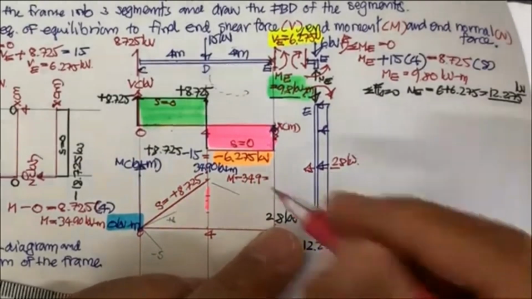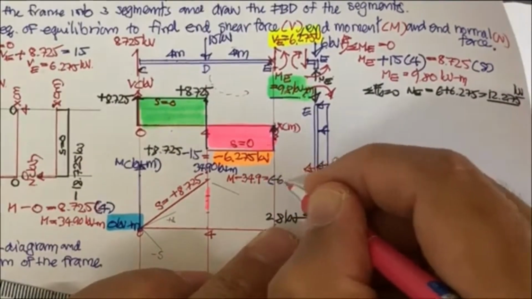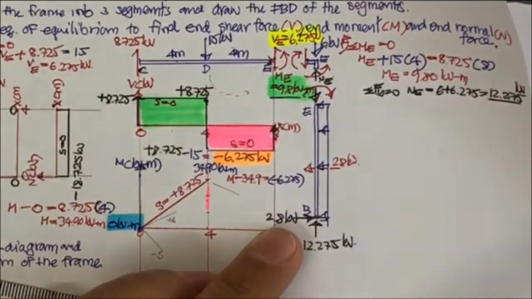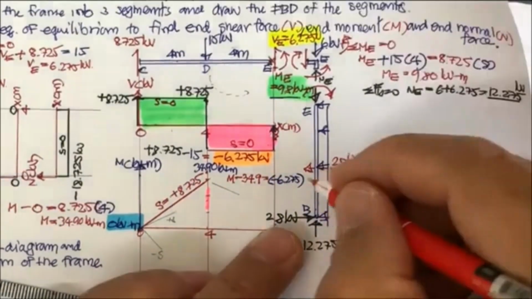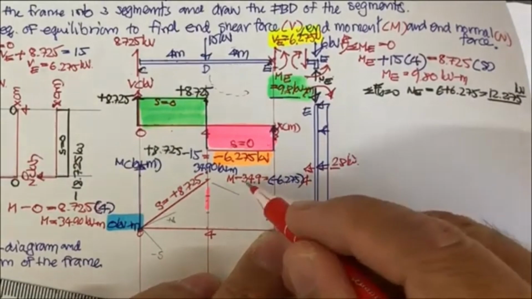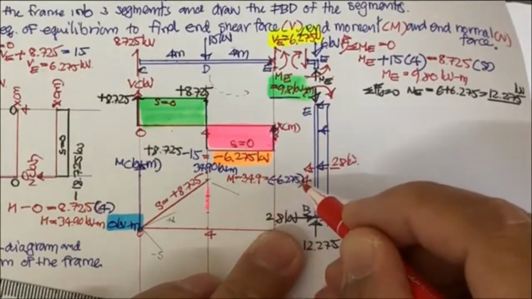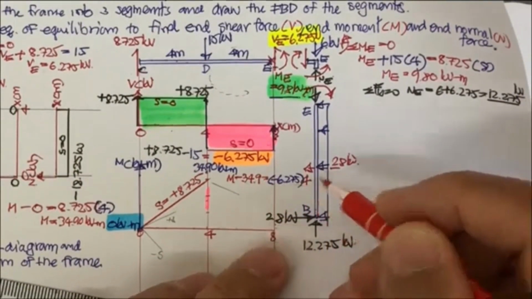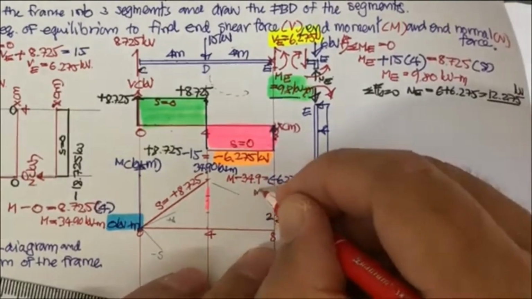It's going to be minus 6.275 times 4. This side is negative, and when you move it, it's going to be plus, and the value is going to reduce. Put it into your calculator.